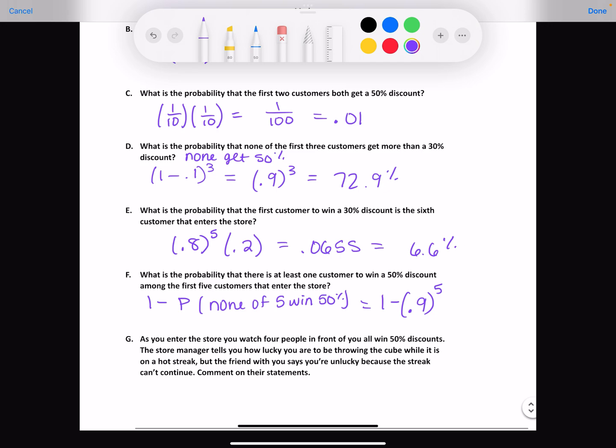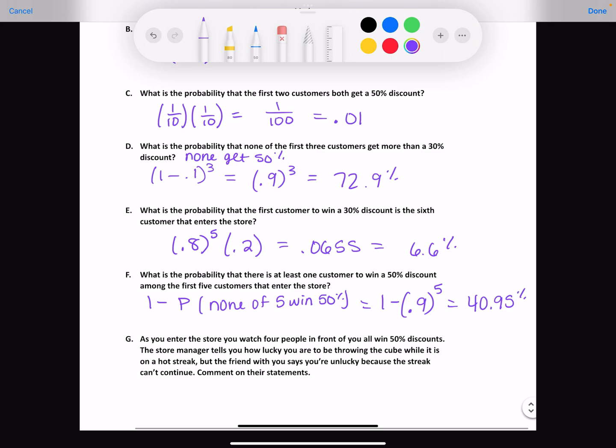How do we know it's 0.9? Oh, never mind, we already answered that question. So then it's 1 minus 0.9 raised to the 5th, which gives you 40.95%. The number 0.9 just isn't working with me today.